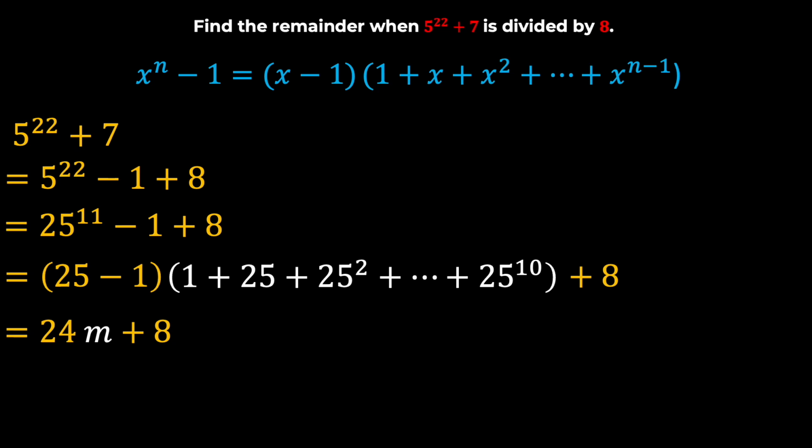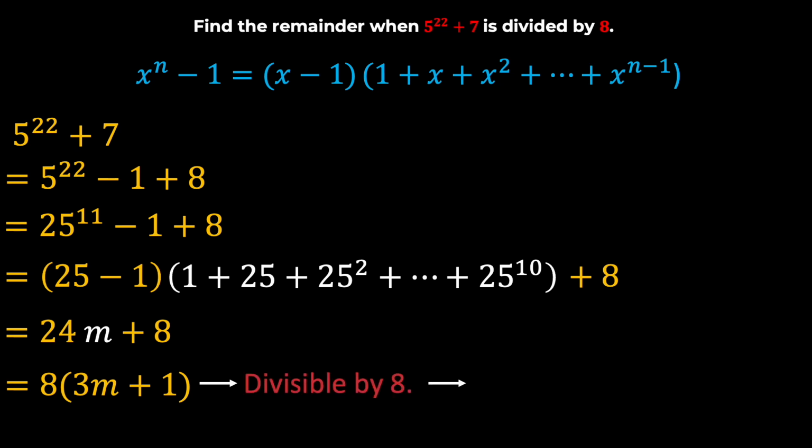Next, I will factor an 8 out of these two, and I will have 8 times 3m plus 1. And that means that our number is divisible by 8, which means that the remainder is going to be 0 when the number is divided by 8. So that's our answer. The remainder is going to be 0.